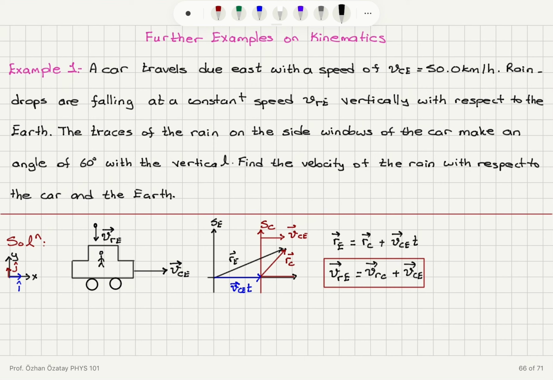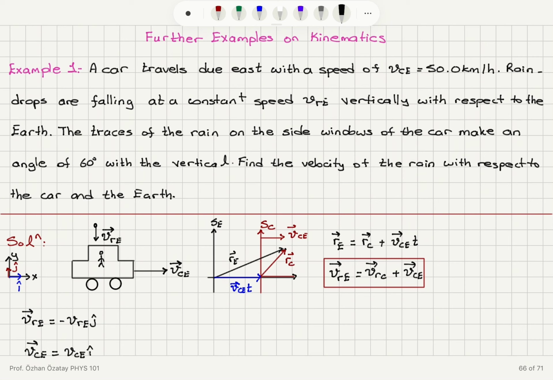Now, what do we know about the velocity of the raindrop with respect to the Earth reference frame? It is minus VRE j hat. It's vertically down, and we know that the velocity of the car with respect to the Earth reference frame is VCE i hat because it's traveling due east.